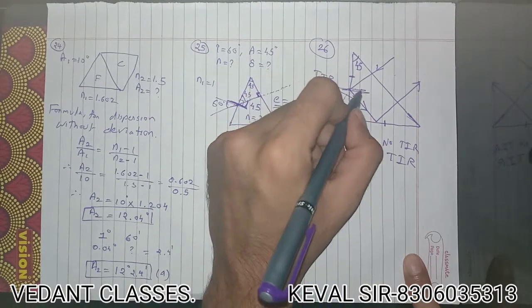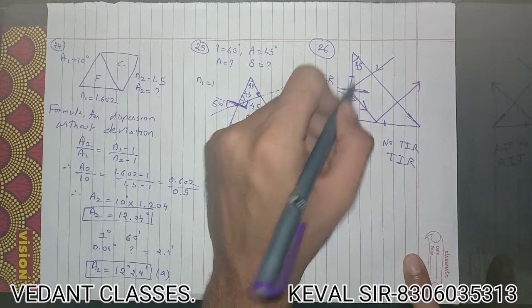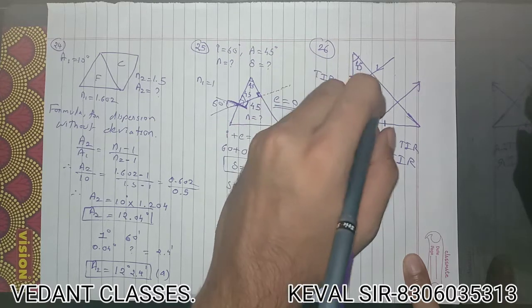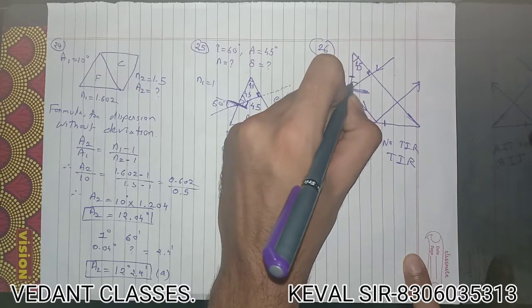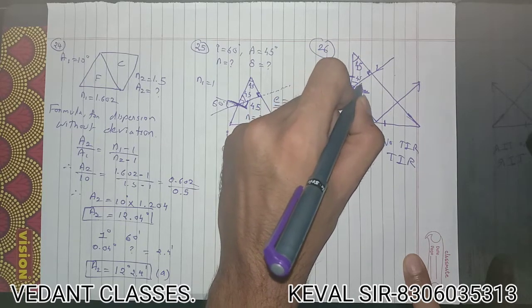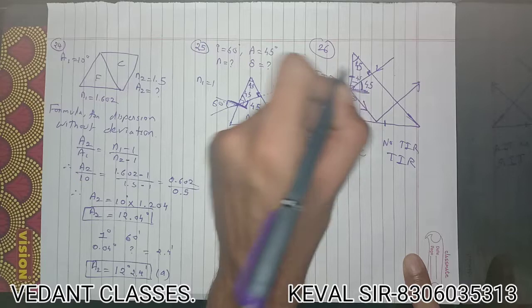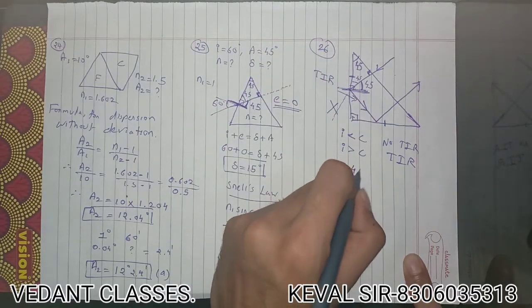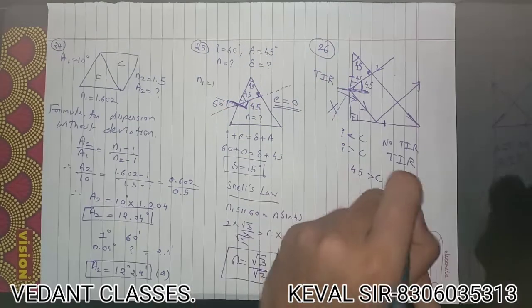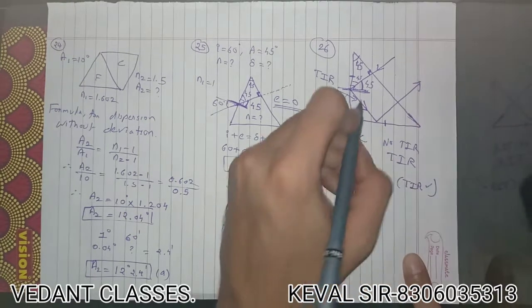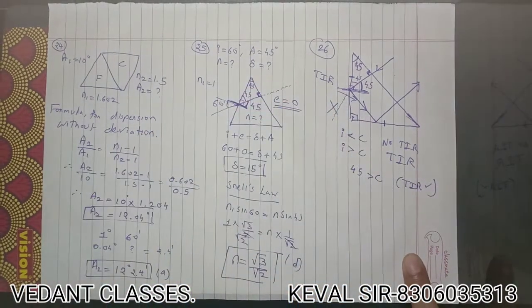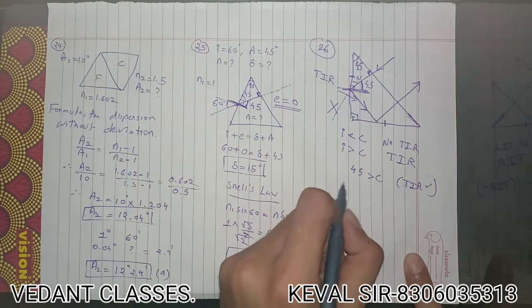As it is 45, this is 90, and this is also 90. So this will be 45 and this will be 90 degrees. So the angle of incidence is 45. Clearly here 45 is greater than C, as TIR takes place, and that is the reason light is moving like this. Okay, so apply sine on both sides.